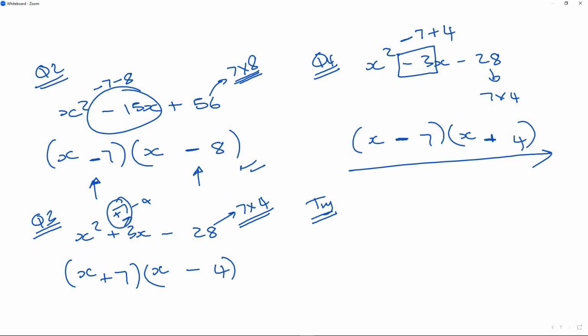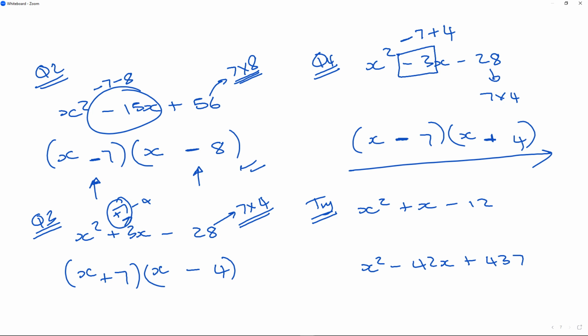Alright, try this one. Suppose you got x squared plus x minus 12. And x squared minus 42x plus 437.